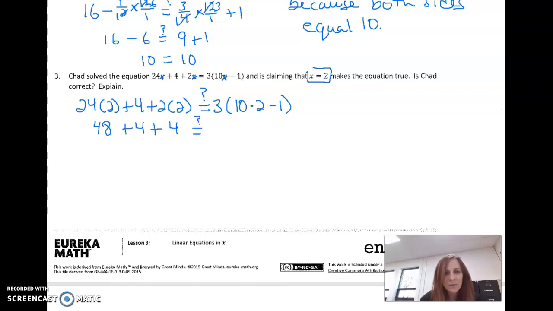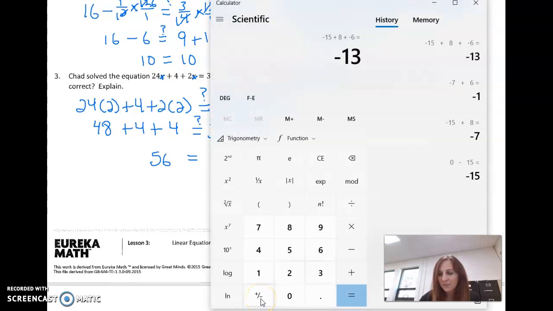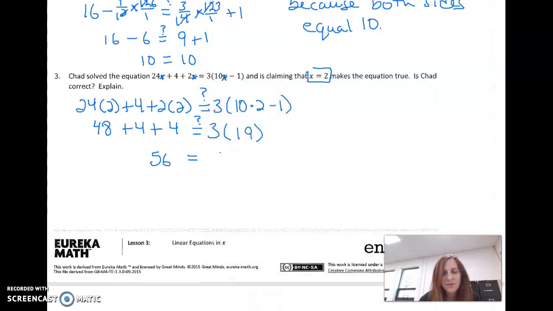Does that equal, order of operations say we have to do what's in parentheses first. 10 times 2 is 20, minus 1 is 19. 48 plus 4 is 52, plus another 4 is 56. 3 times 19 is 57. Does 56 equal 57?